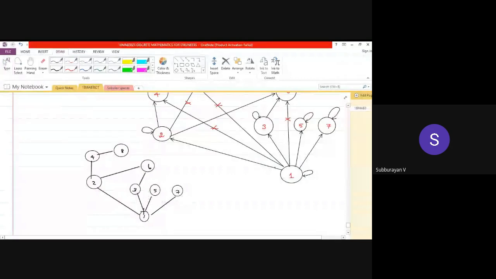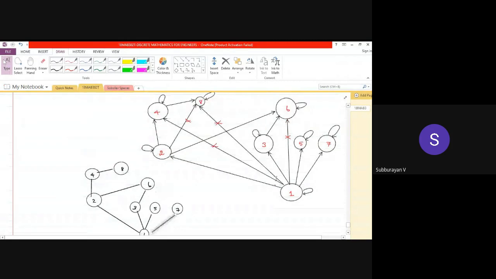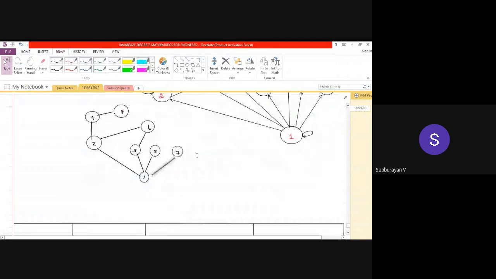This is the Hasse diagram. You have removed all the self loops, and all the edges due to transitivity. This is the Hasse diagram of the above graph.